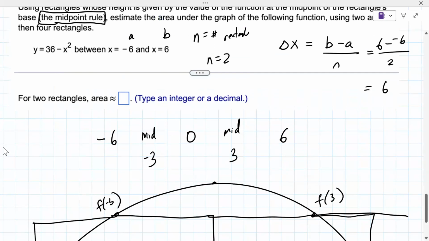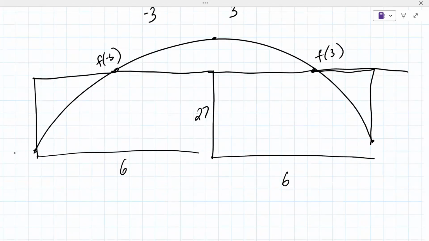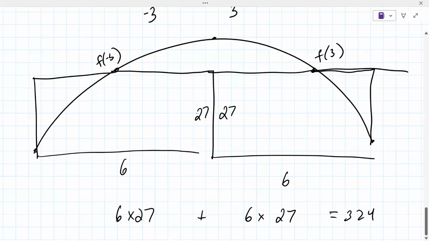So we got a height of 27 and a height of 27. For two rectangles, it's 6 times 27 plus 6 times 27, which is 324 according to my calculations. Yes.